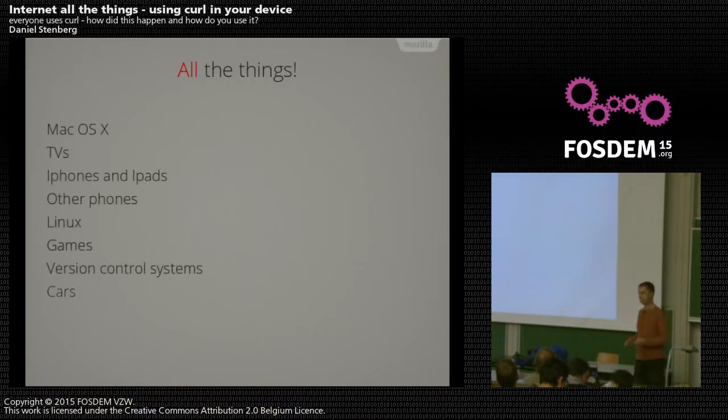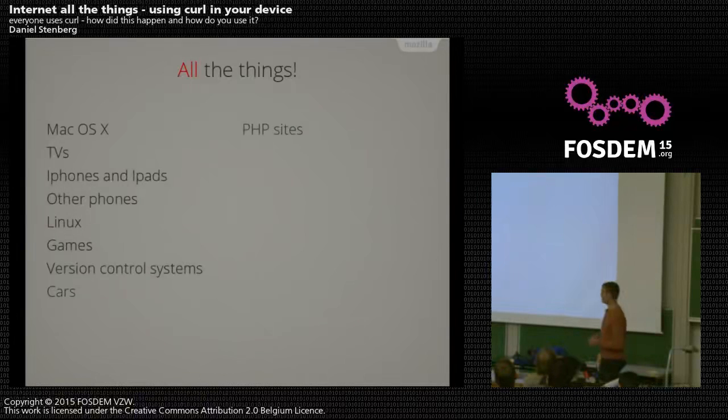Cars, very big into infotainment. So pretty much every modern high-end car infotainment thing. PHP sites, very big into PHP since it's been the default way to do HTTP and URL things in PHP since the beginning of curl at least, 15 years or so.